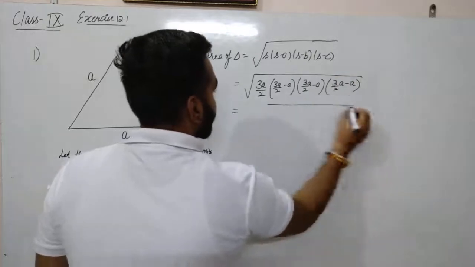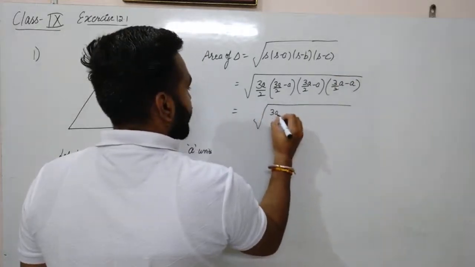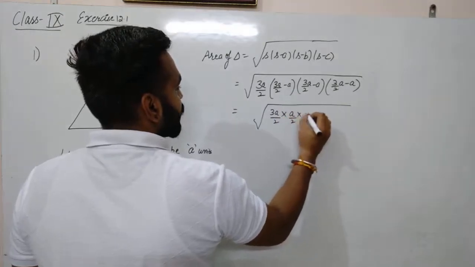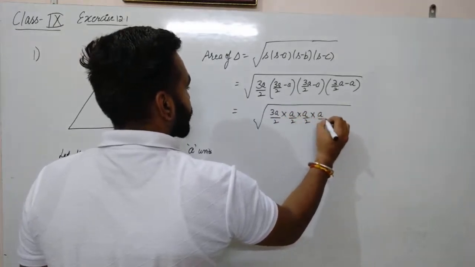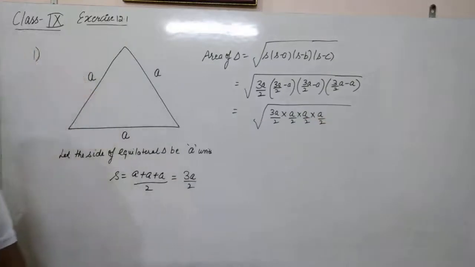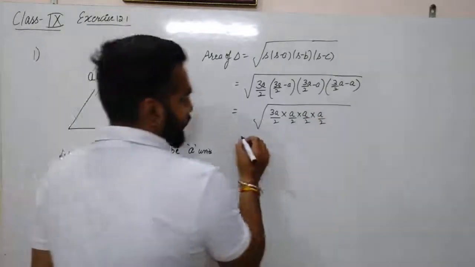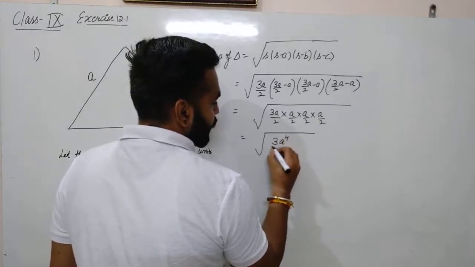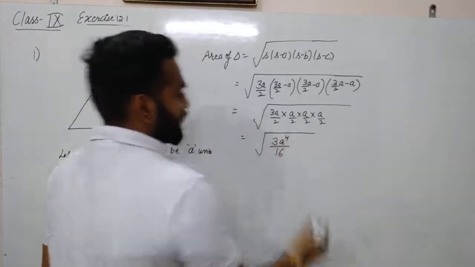Clear? So this will be equal to 3a by 2 into, when we subtract this will be equal to a by 2. Clear everyone? So this can be written here as 3a to the power 4 upon 16.